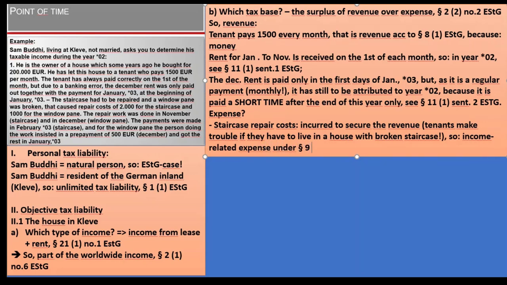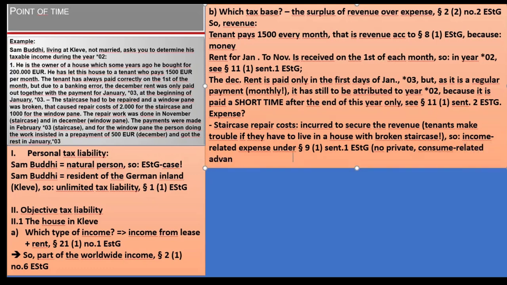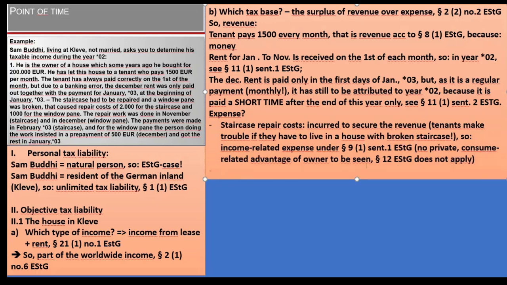under section 9.1 sentence 1, I believe, was the general rule for income related expense. No private consumer related advantage of the owner to be seen. So paragraph 12 ESTG does not apply. Okay.